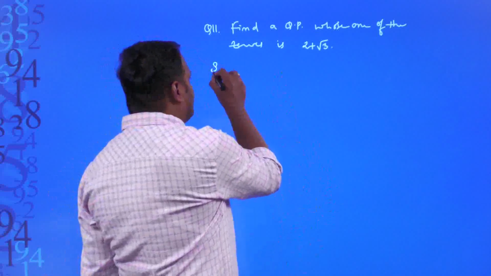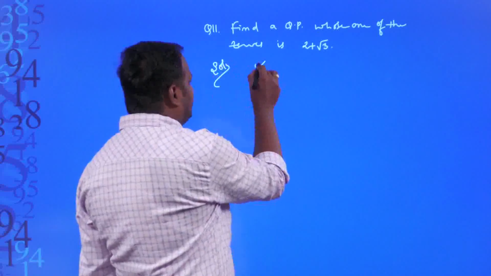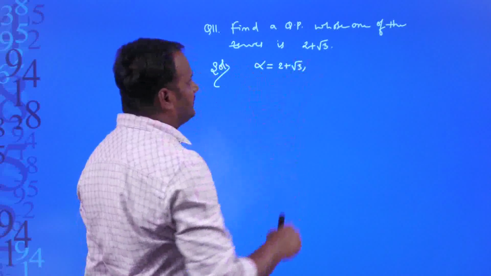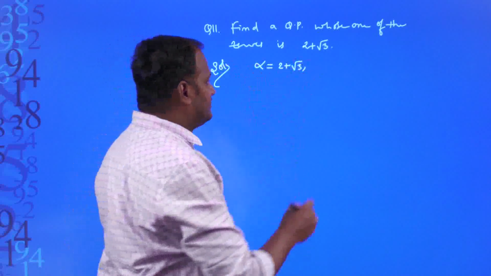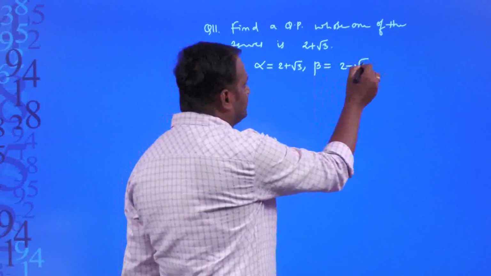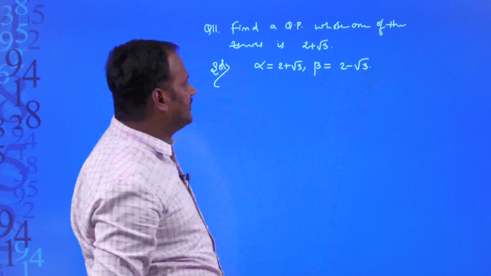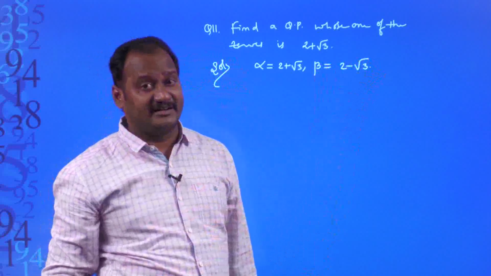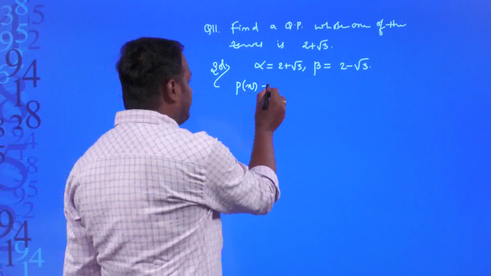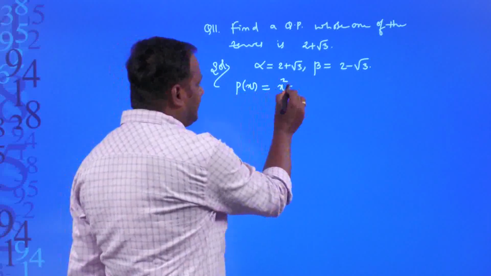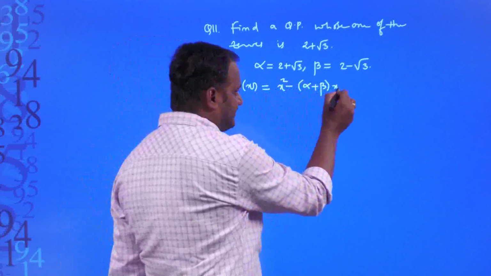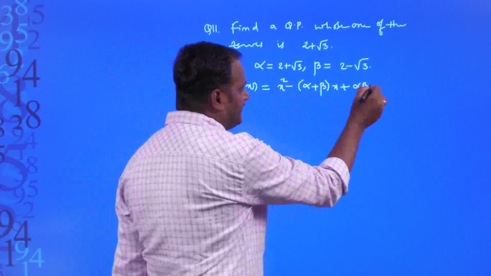So, one zero of the polynomial is given as 2 plus root 3, and according to the property of irrational numbers, the other zero is going to be its conjugate, that is beta is equal to 2 minus root 3. So, what is the quadratic polynomial when two zeros alpha and beta are given? That required quadratic polynomial is p of x is equal to x square minus of alpha plus beta times x plus alpha into beta, right.